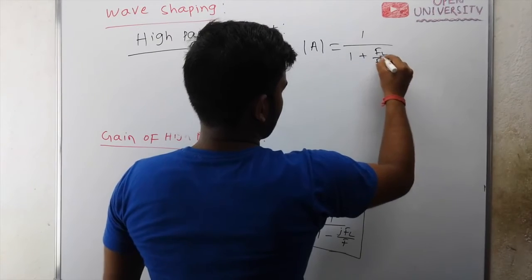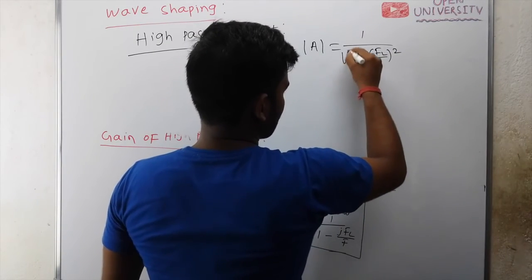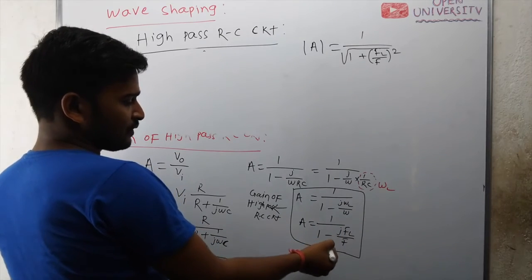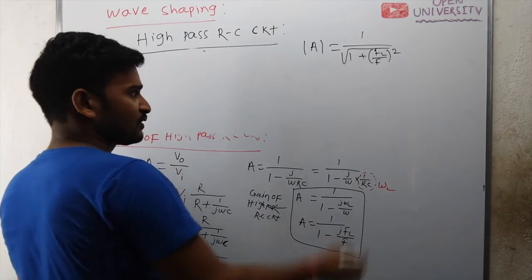If you take the magnitude of this, it will be 1 by square root of 1 plus (fL by f) whole square.